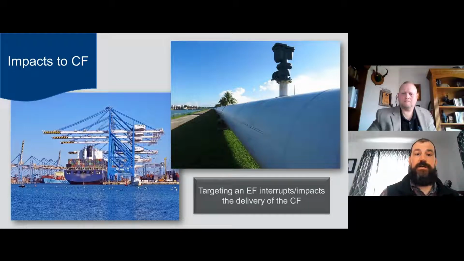NotPetya was an attack that looked like ransomware. We believe it was a nation state sponsored attack that had collateral damage across a whole bunch of industries: food, banking, and in this case, shipping.